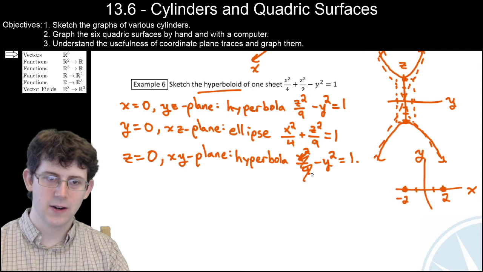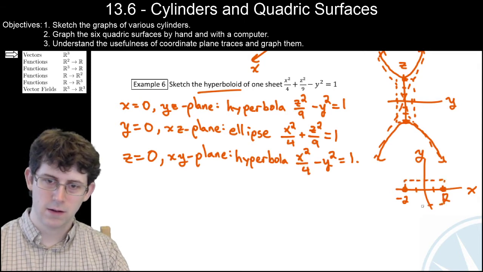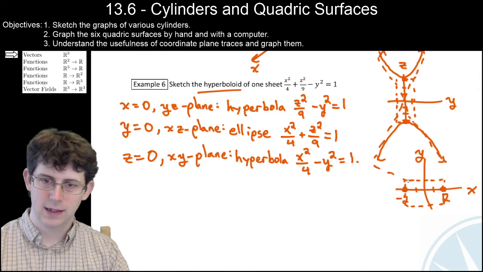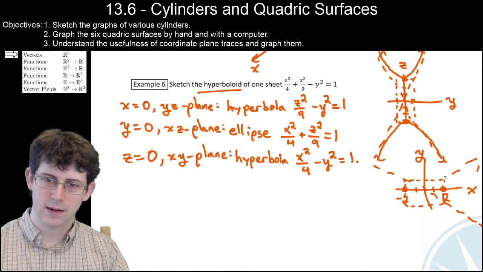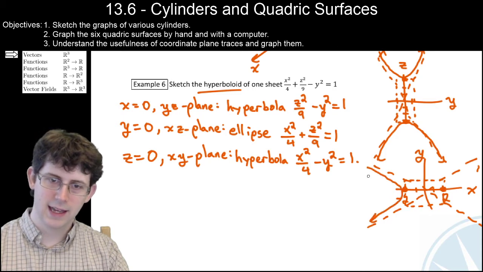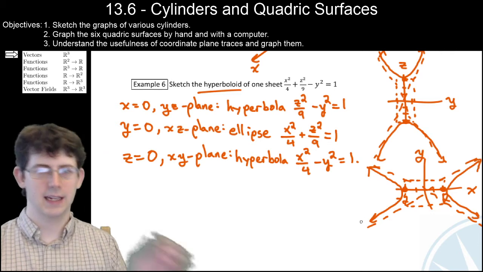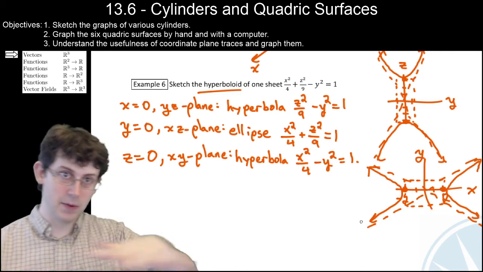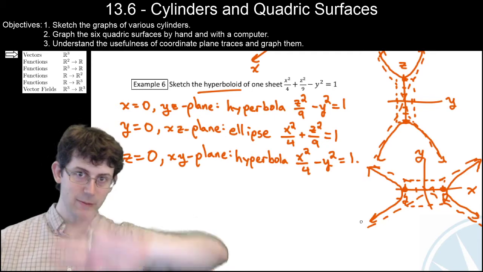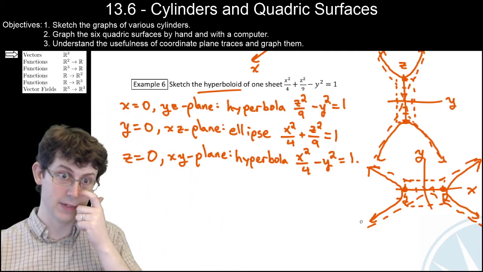And if x is 0, I get no solutions. Draw my little box, get my lines here, and then I can draw my hyperbola this way. So the slices in the xy plane are hyperbolas, the slices in the yz plane are hyperbolas, and the other slices are mostly round ellipses.